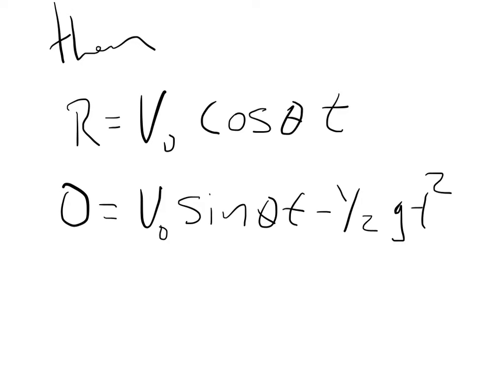Which means that I can get t is equal to what? I know this is a lot to work through, so stick with it and we'll look it over in a second. T equals what? T equals r over v naught cosine theta, right?